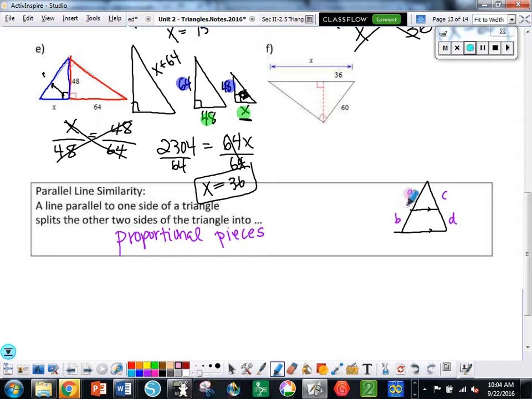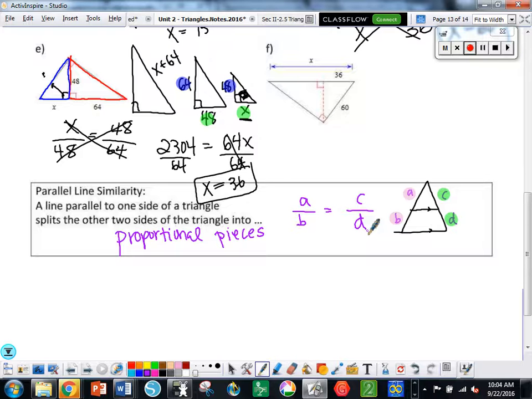That means those two can be matched up together, and those two can be matched up together, and we can write it into a proportion, A over B. Now if I said A over B, what would we say on the other side? C over D. And we can use that to cross multiply. Instead of using the whole side and then the whole side, I can use piece and piece.